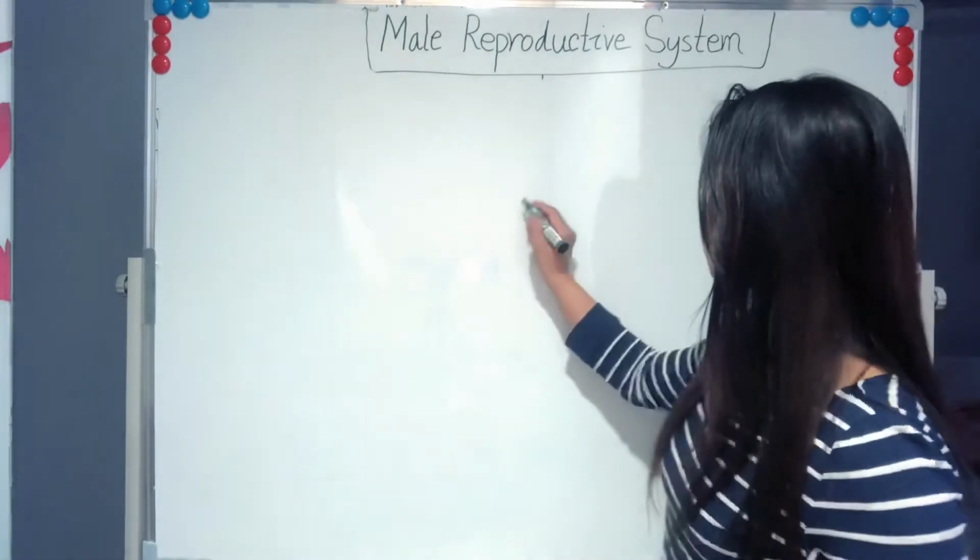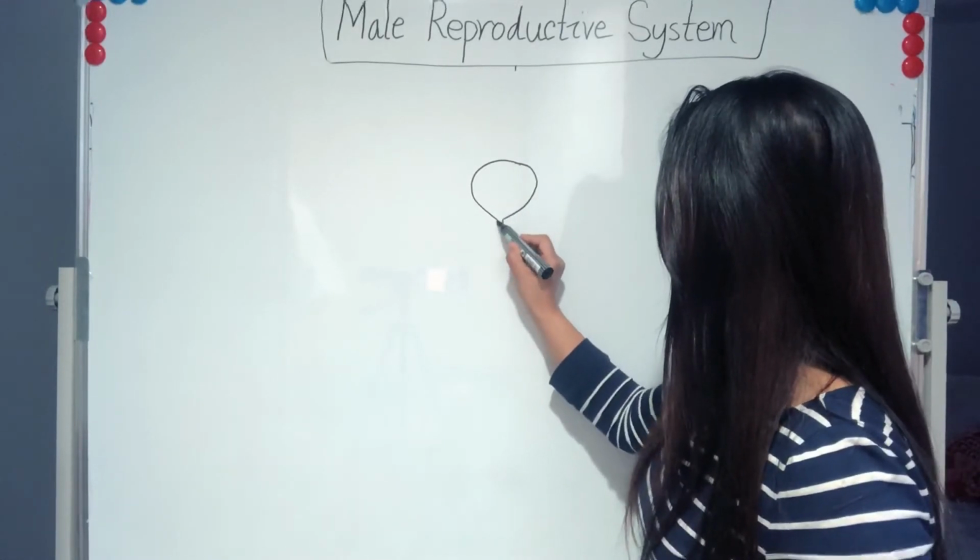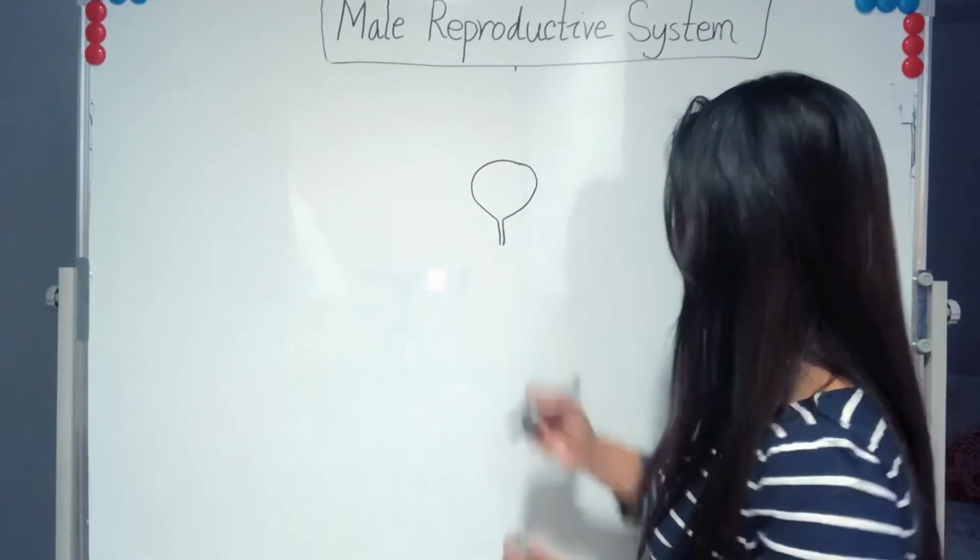First make the urinary bladder. This is the urinary bladder and this is the urethra.